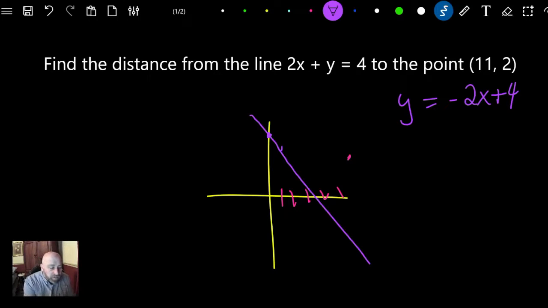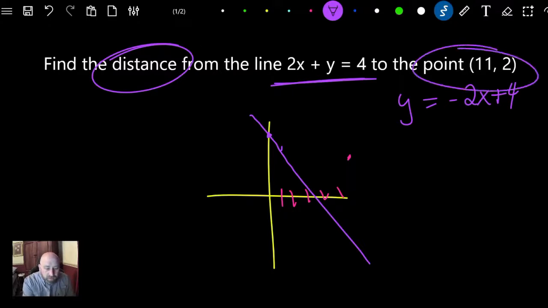Now, the question is, what is the distance from this line to this point? In other words, it wants to know, remember, the shortest distance between these 2 points right here is a straight line. So it wants to know what the distance of this line is. Now, there's a few ways that we could do it, right? We could kind of use trig here.